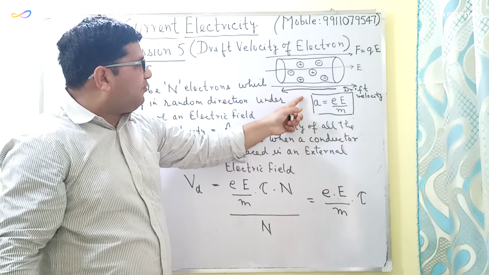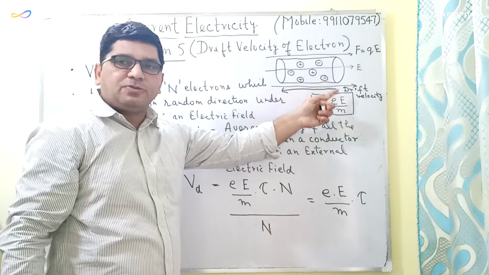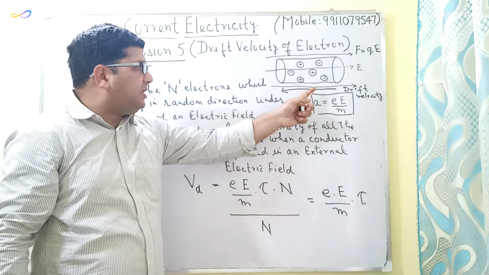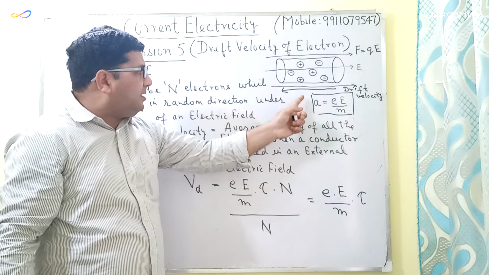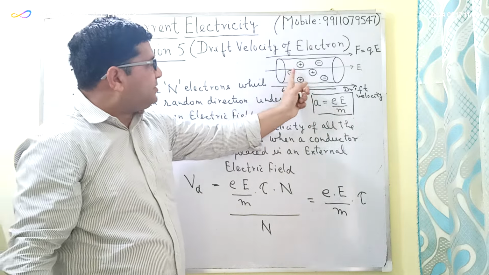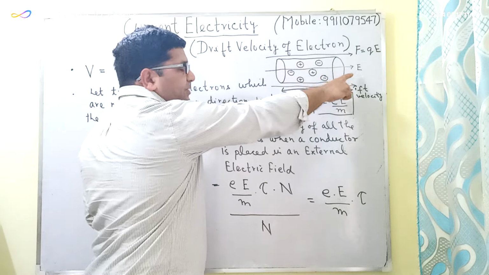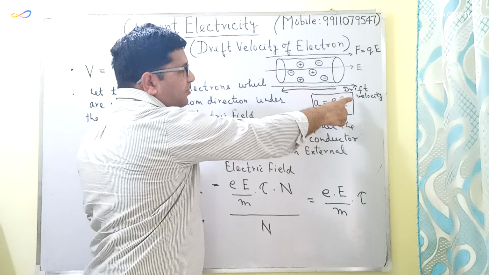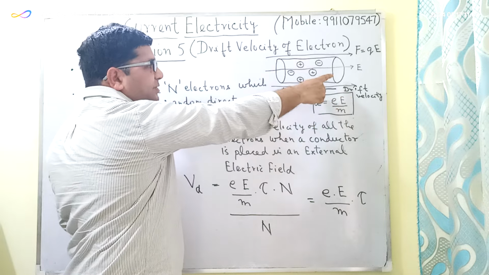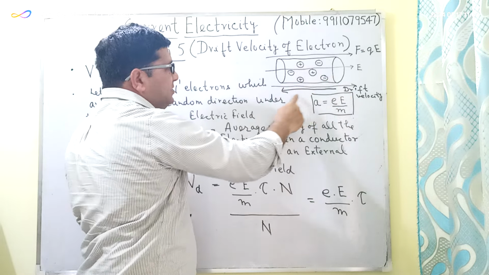So the direction of the drift velocity is always opposite to the direction of the electric field, and in this case it will be pointing in this direction.